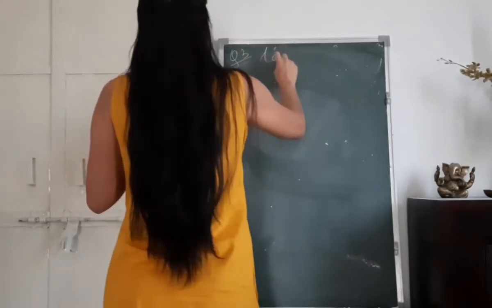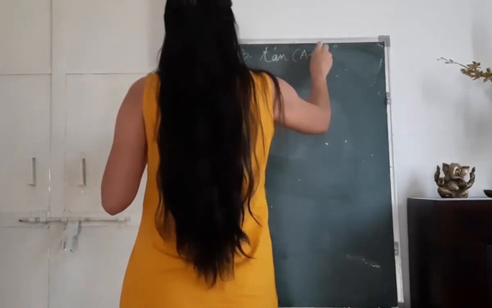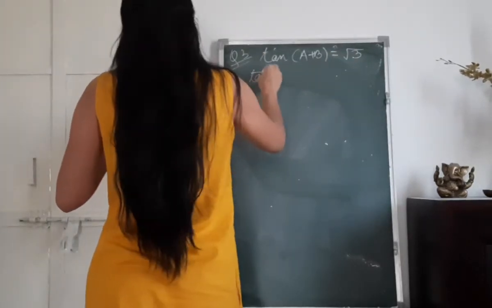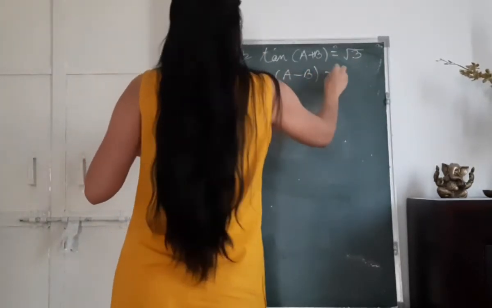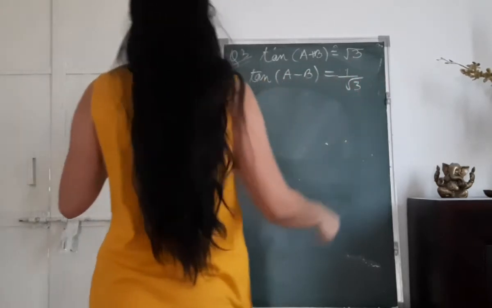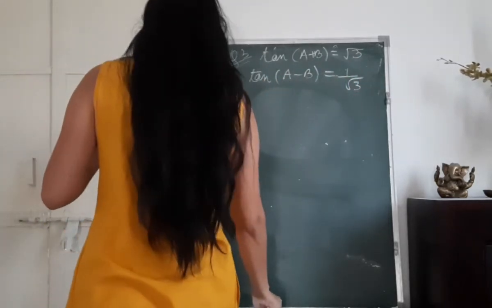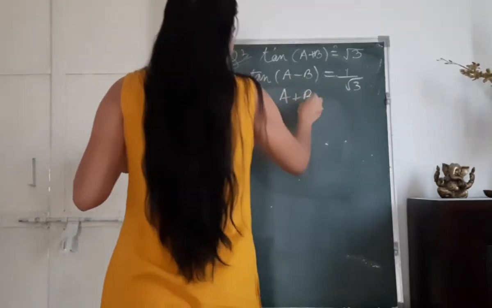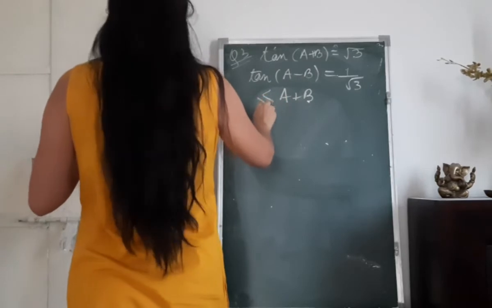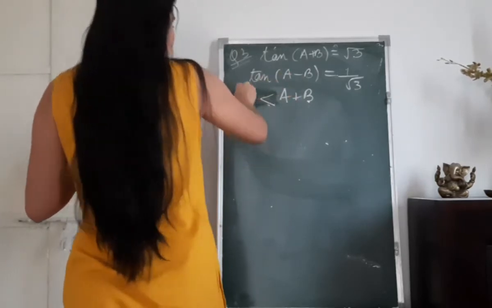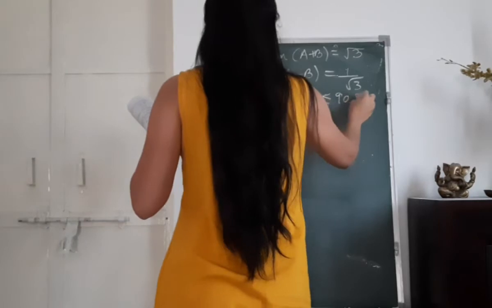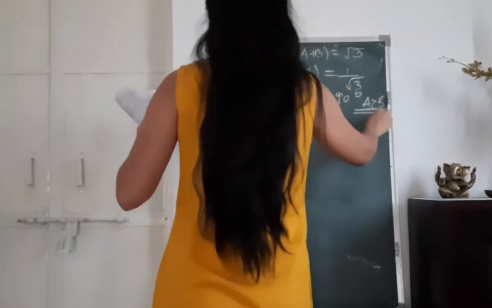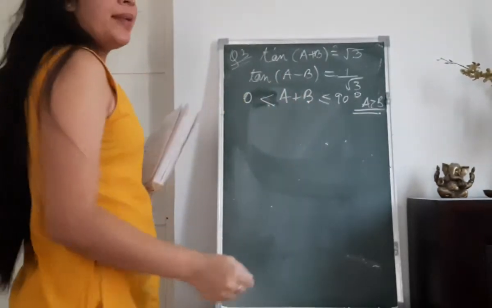If tan of A plus B is equal to root 3 and tan of A minus B is 1 by root 3, where A plus B is between 0 and 90 degree and A is greater than B, then I have to find the value of A and B.